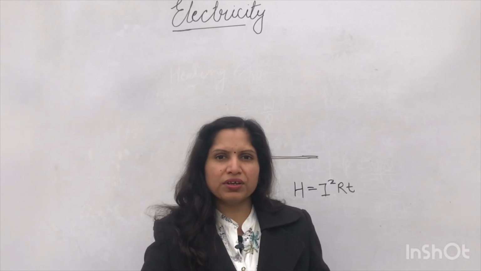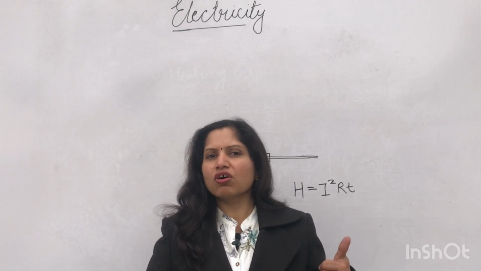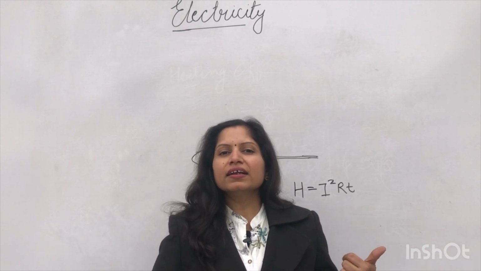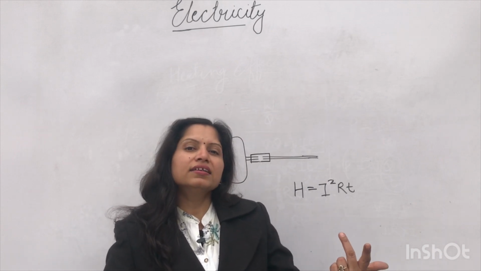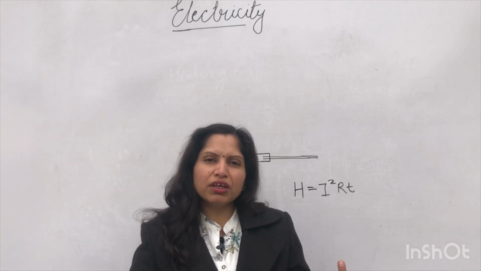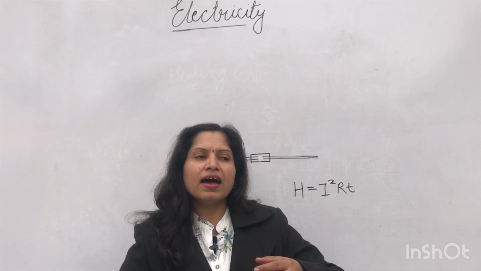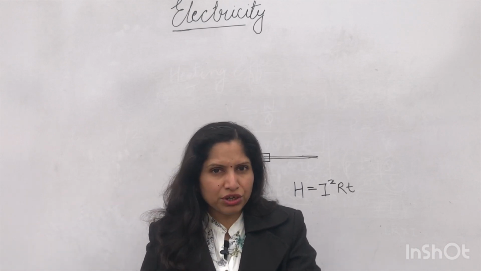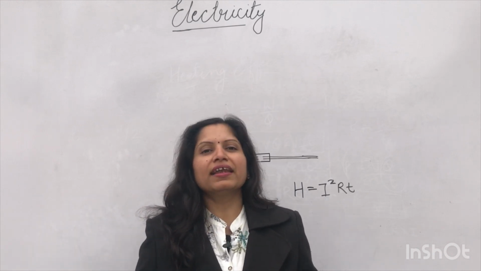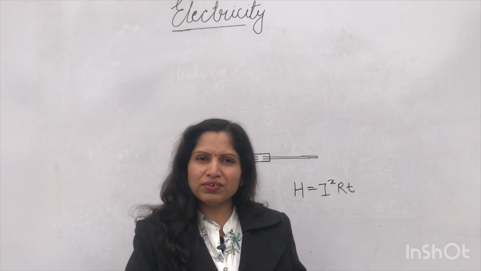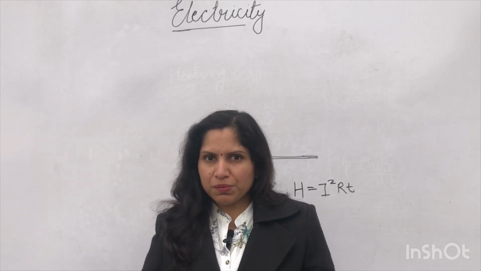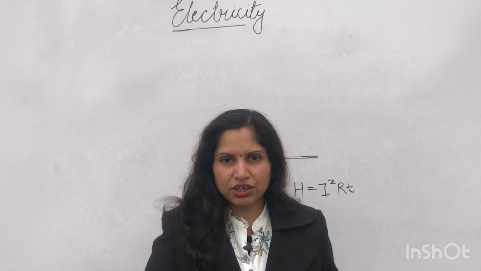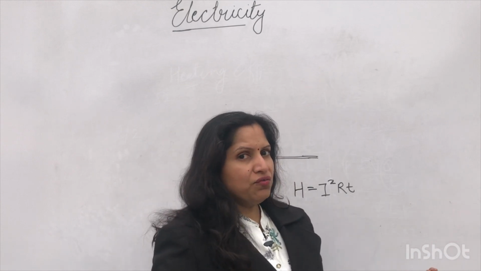The tungsten is very special because it doesn't oxidize very easily, it doesn't melt at a very high temperature, and second property is that this tungsten wire has a peculiar property that when heated at a very high temperature, it starts emitting out light. So because of that, we are using this tungsten wire in electric bulbs, and that is another practical application of heating effect of electric current.